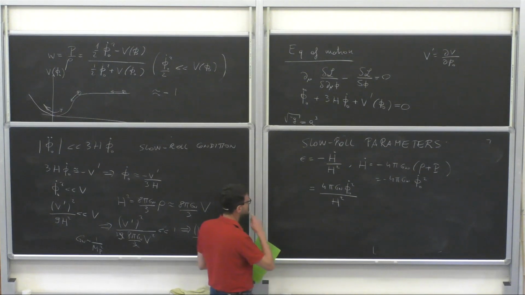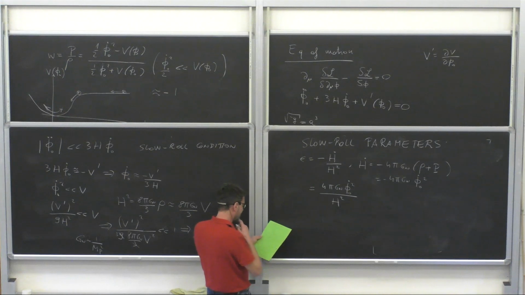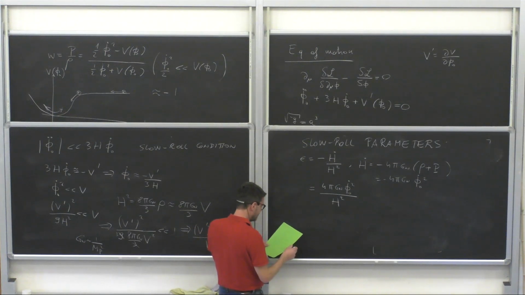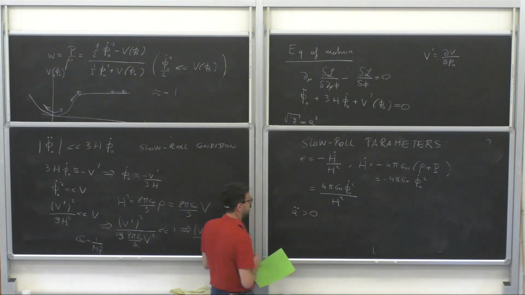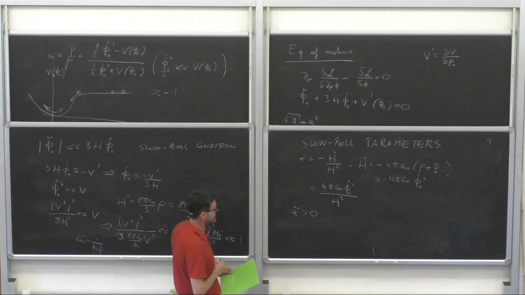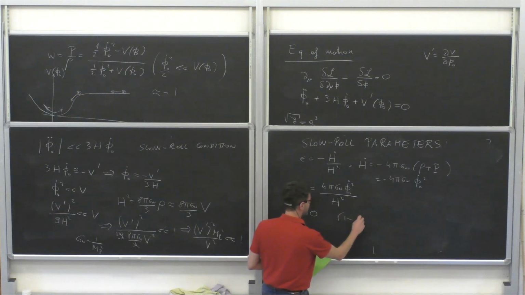And I can also write down what is the physical meaning of this epsilon, because if I write down the condition, for instance, that a double dot is larger than 0, which is the definition of inflation, if you like, I repeat it many times. What happens is that you discover that this number is proportional to 1 minus epsilon.